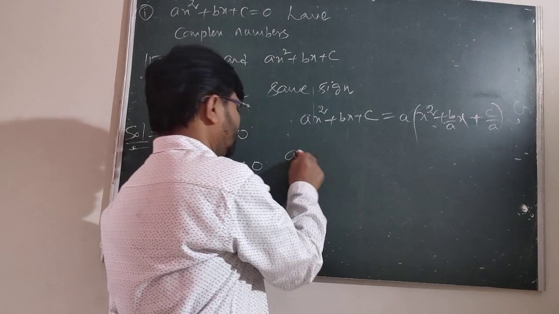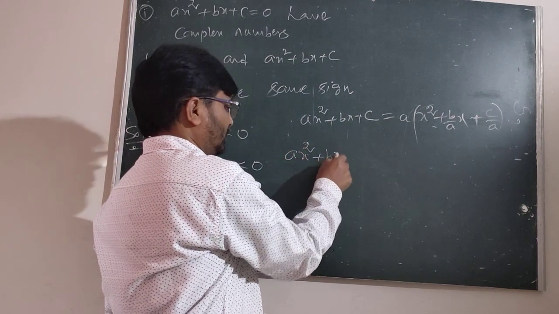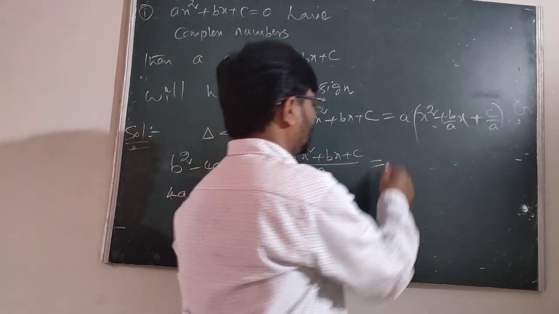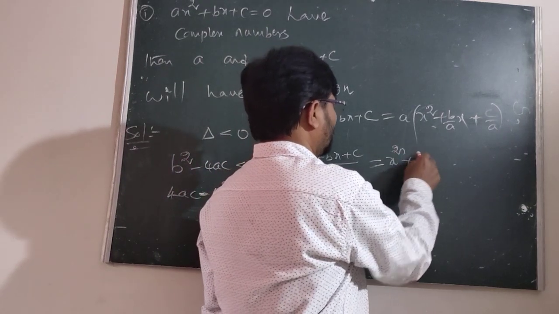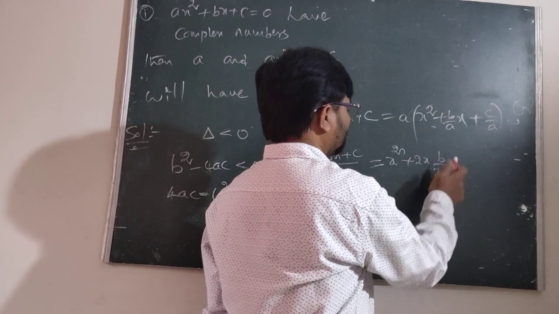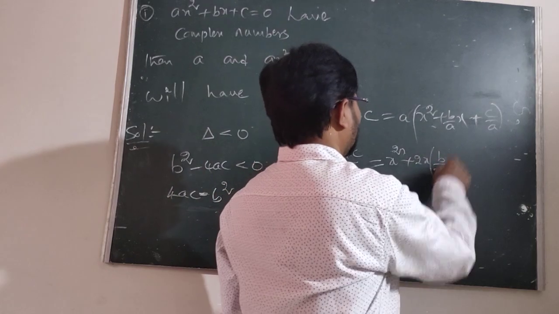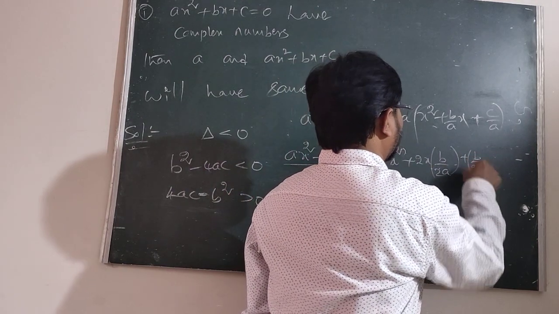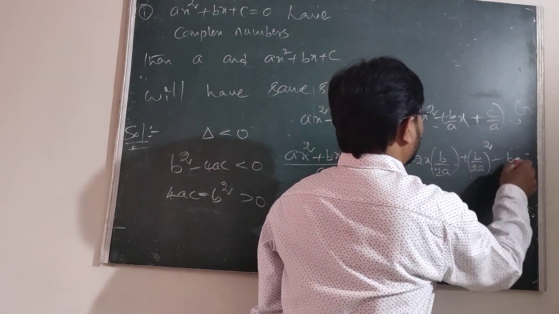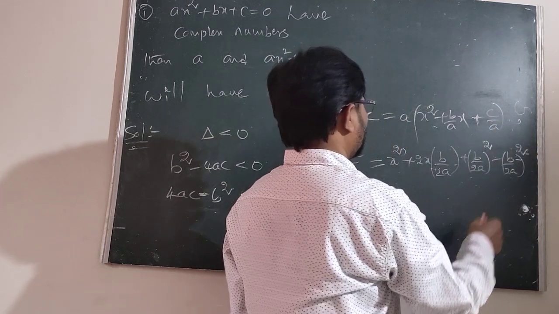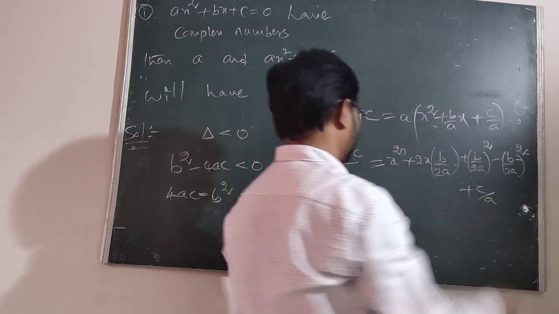Now ax square plus bx plus c whole by a equals x square plus 2x into b by 2a, now adding b by 2a whole square and subtracting b by 2a whole square, and the last term is c by a.